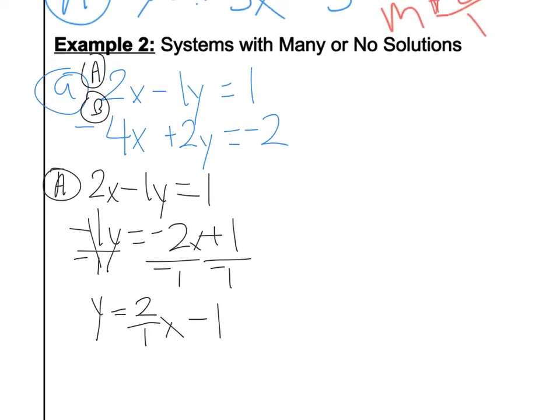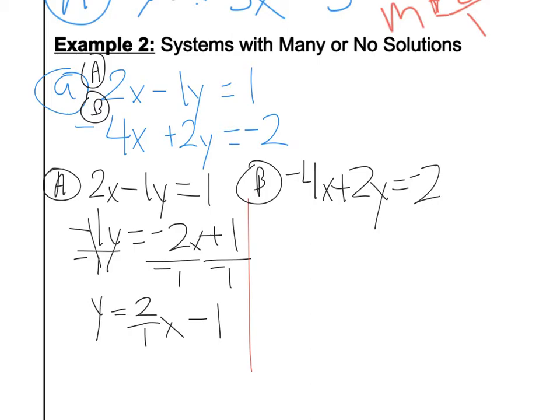And let's just try to squeeze in the B right here beside it. Our B is negative 4x plus 2y equals negative 2. So again, we're going to add that 4x over since it's negative. So now we have 2y equals 4x minus 2.